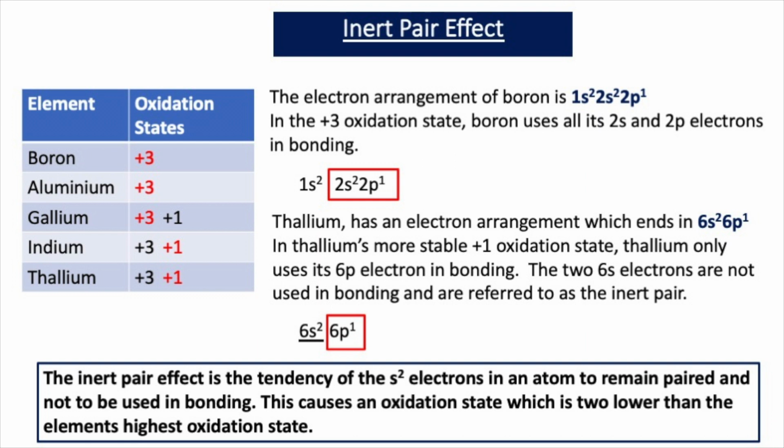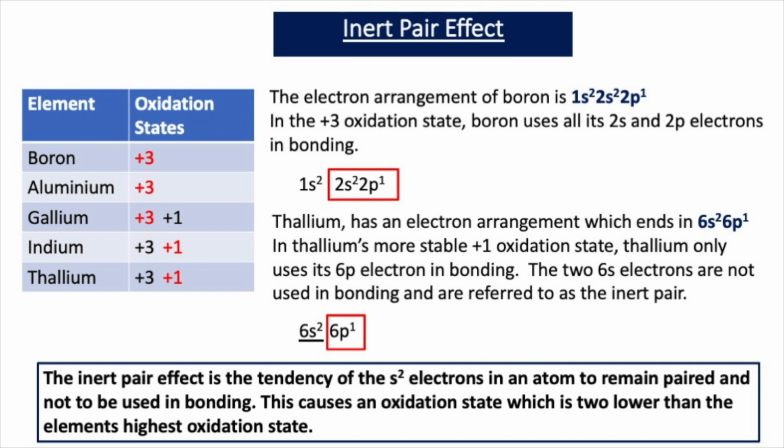Thallium has an electron arrangement which ends in 6s2, 6p1. In thallium's more stable +1 oxidation state, thallium only uses its 6p electron in bonding. The two 6s electrons are not used in bonding and are referred to as the inert pair. I've underlined these electrons here on this slide.